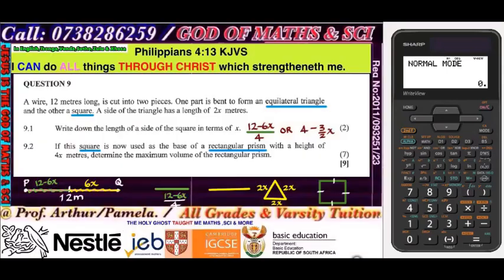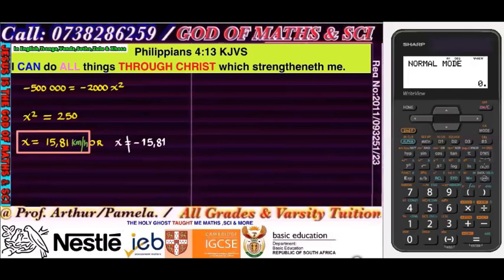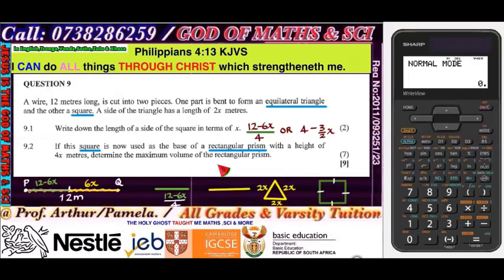So like I said, like in the previous one, we needed to find the equation of volume first, and then we can derive, because they are asking me to determine the maximum. We have to find the maximum volume.